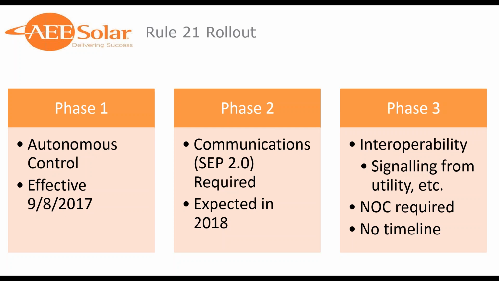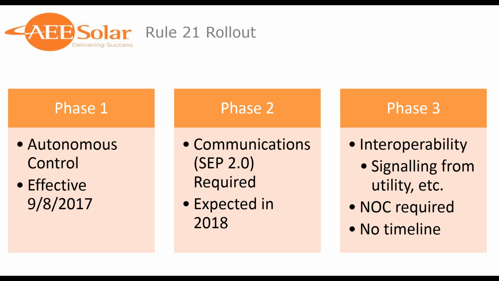Phase three, no timeline, but if you think logically about what phase one and phase two mean, you assume that phase three is going to happen. Interoperability. So the inverter has to be able to accept a signal in some form or fashion from the utility or regulatory agency, et cetera.